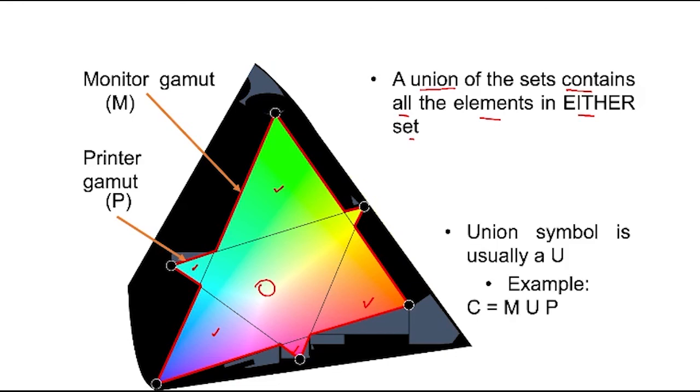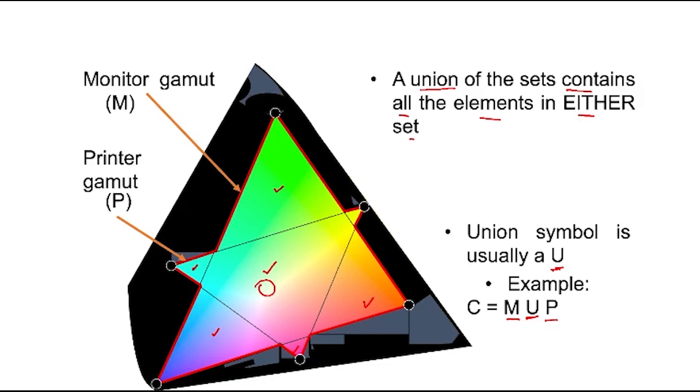Usually union is denoted by U. Already we have seen U for the universal set, but that was different. For union of elements, we always write M union P. That is the whole segment, and the common segment is also included.